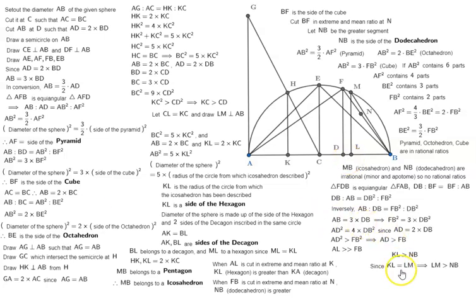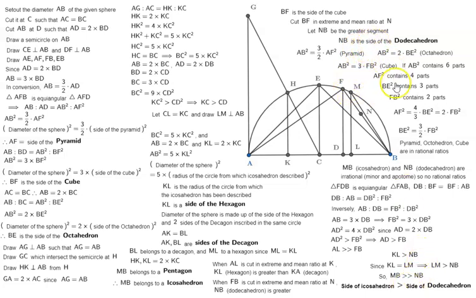And since KL is equal to LM, we can say LM is greater than NB, which means MB is much greater than NB. So which means the side of the icosahedron, that is MB, is greater than the side of the dodecahedron, that is NB.